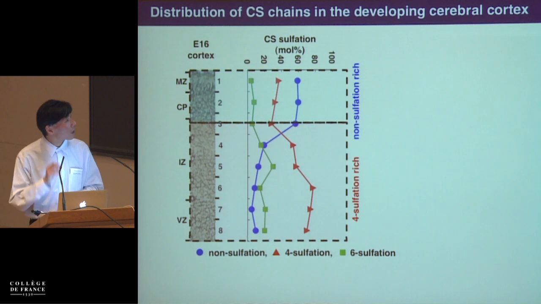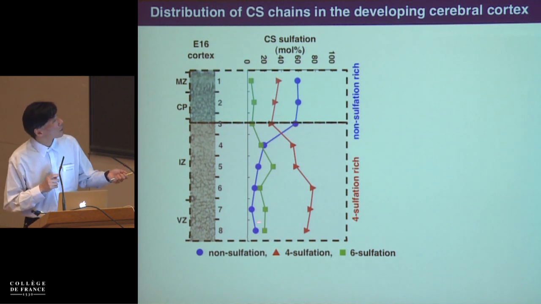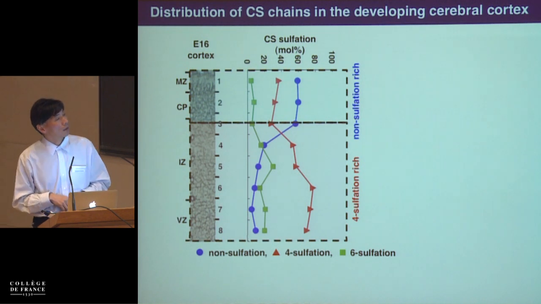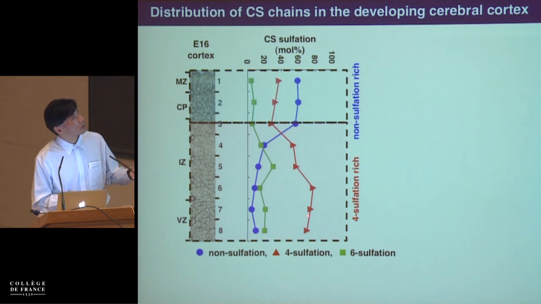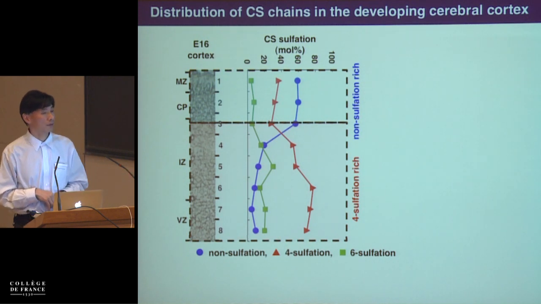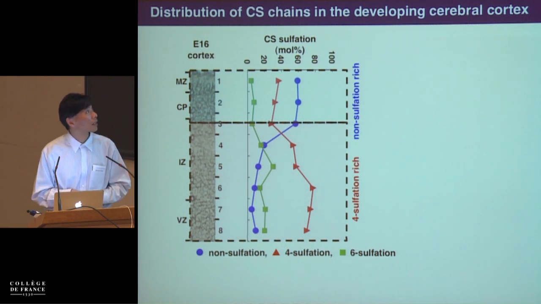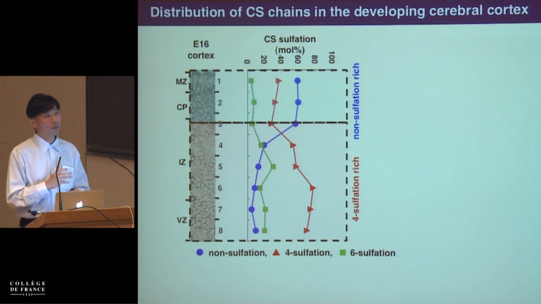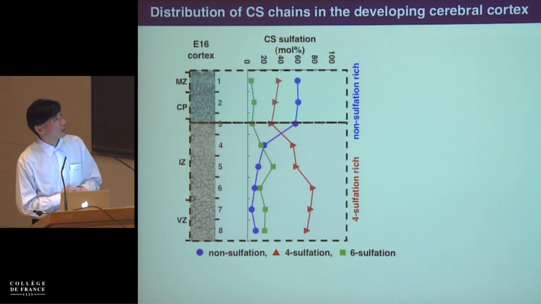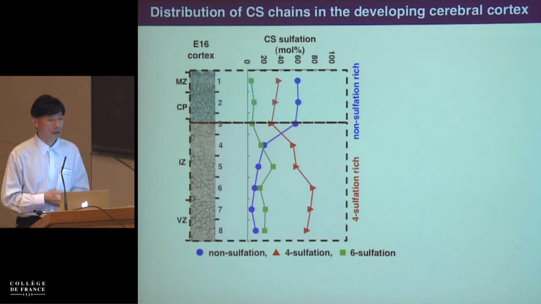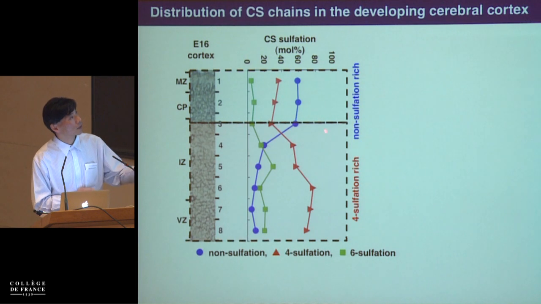As shown in this slide, in the intermediate zone and the ventricular zone, around 80% of chondroitin sulfate disaccharide is 4-sulfation. In contrast, the cortical plate contains less 4-sulfation, and around 60% of chondroitin sulfate disaccharide is the non-sulfated type.